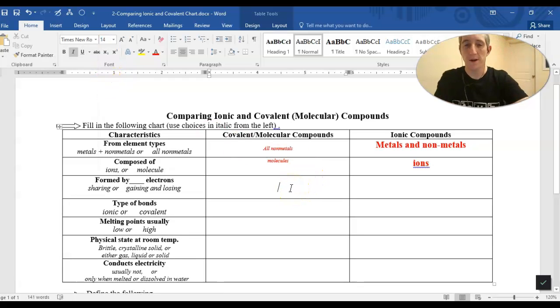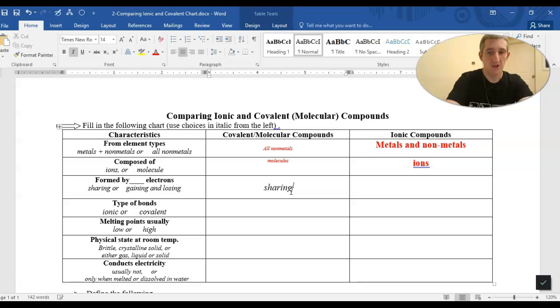So formed by what? Go ahead and take a moment. Formed by covalent molecular compounds, so formed by sharing electrons, specifically valence electrons, while ionic compounds are formed by a transfer. In fact, I'll use my own words, gaining and losing, again, those valence electrons.